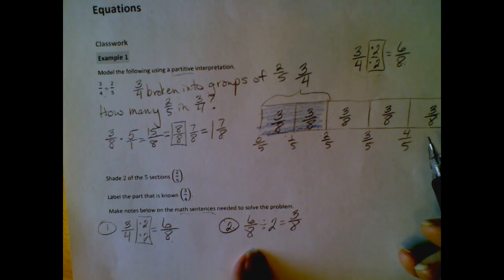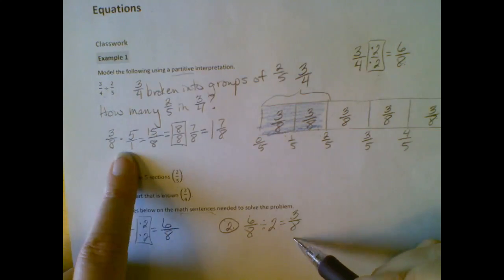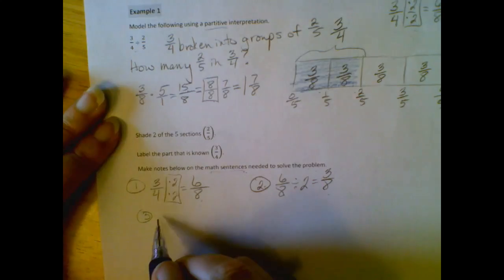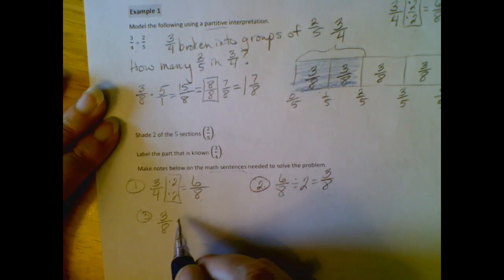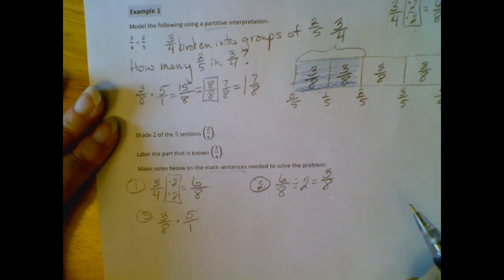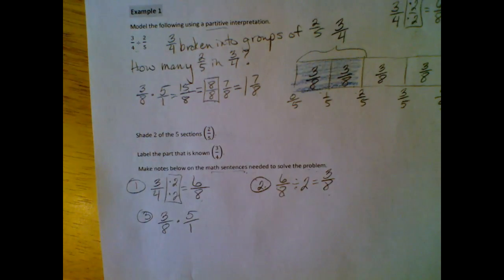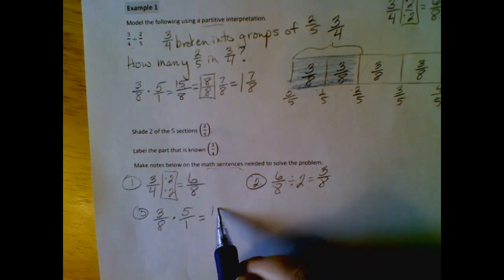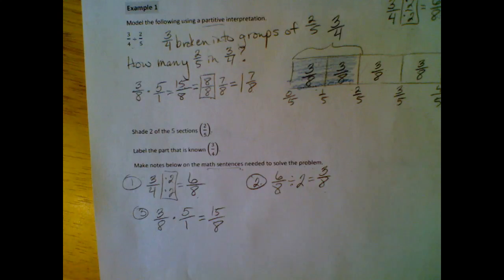Then what did we do? This we actually wrote over here. Then third, what we did was took 3/8 and saw that there were 5 groups of them. 5 groups of 3/8, commutative property. I could multiply it there. We found that was 15/8.